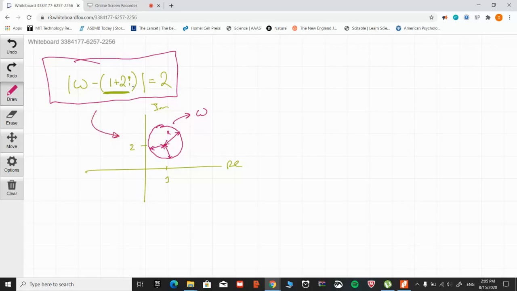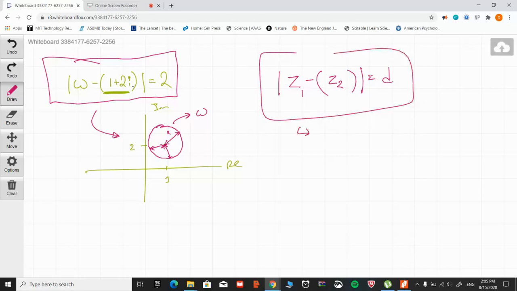And by now, I think you've gotten a general idea that if I have a missing complex number z1, and then a subtraction, and then we have another complex number z2, so z1 minus z2, and I say the modulus is some distance d, you should by now get the feeling that this represents a circle with center z2 and d as the radius.